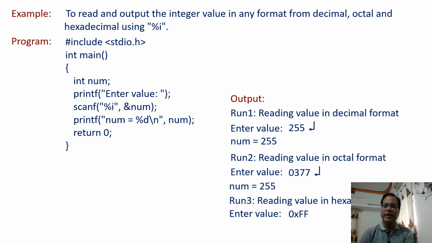Once we write 0xff and press the enter key, this hexadecimal number is taken in and stored in the integer variable num. But during the printing operation, %d is there. It means that the decimal equivalent of the hexadecimal number gets printed at this point. So we get the output like this one.